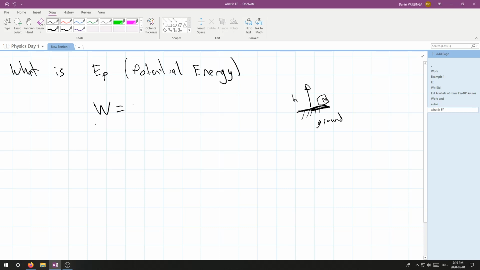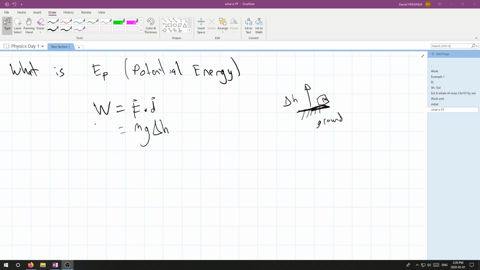Well, what is the work done on that object to get it up there? It's just equal to the force dot the distance. The force is just mg, mass times gravity, and the distance is this change in height that's going to occur when I move it up. And that's what we actually call potential energy.